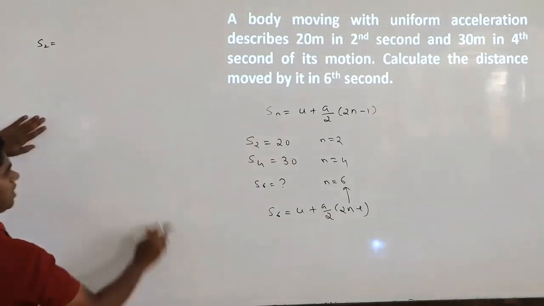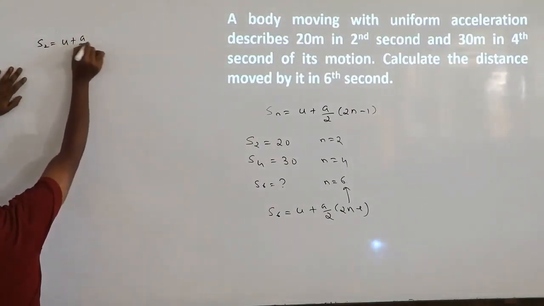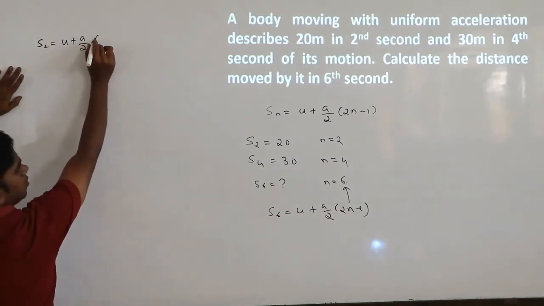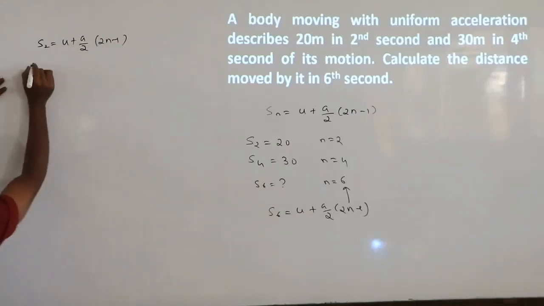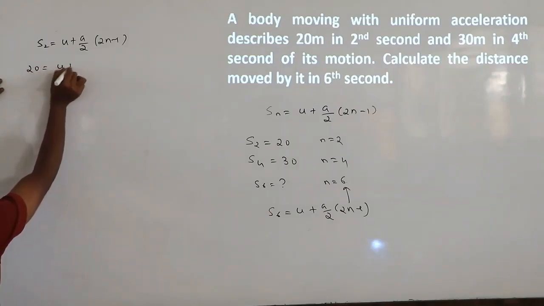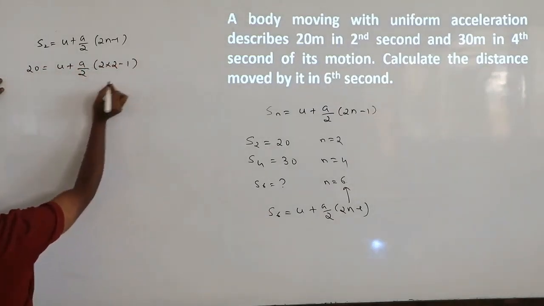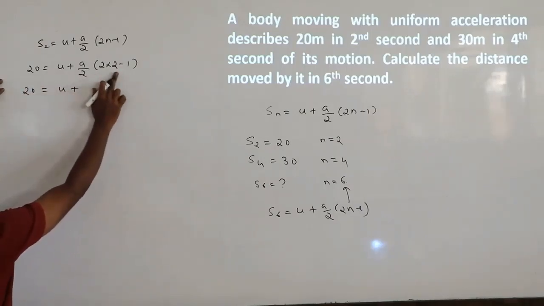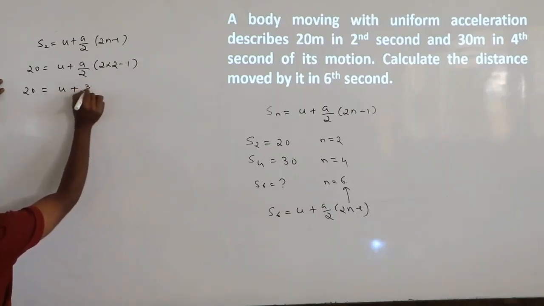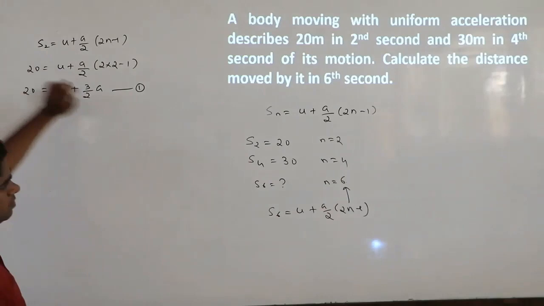So with the help of these two, you have to calculate A and U. I will write S2 equals U plus A by 2 into 2n minus 1. S2 is 20, so 20 equals U plus A by 2 into 2 into 2 minus 1. So we get 20 equals U plus 3 by 2 A. This is equation number 1.